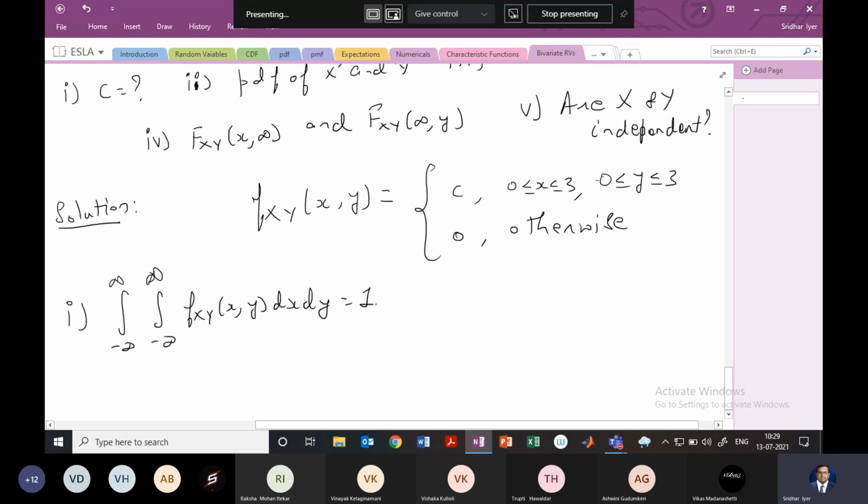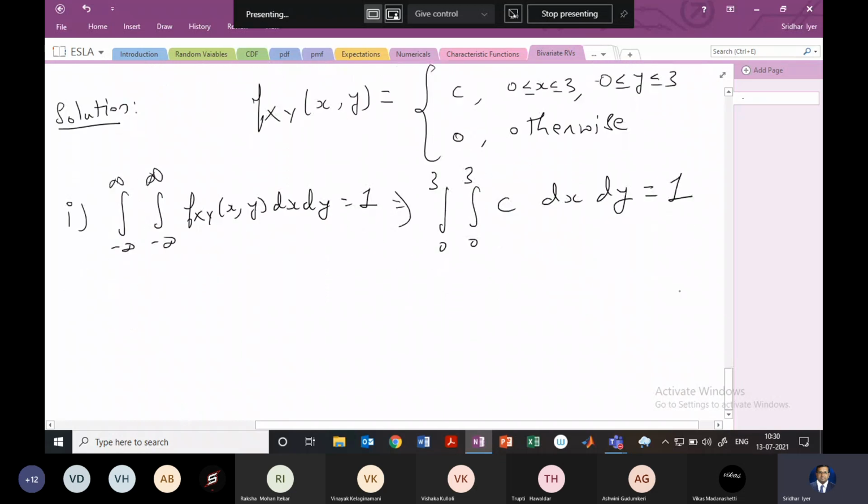Using that property, we are not dealing from minus to plus infinity, we are rather dealing from 0 to 3 for both x and y. So you'll have 0 to 3 for x, 0 to 3 for y, and fxy of x comma y in that range is c, and you have dx dy, and this value will be equal to 1. After integrating this, you should be able to find the value of c.